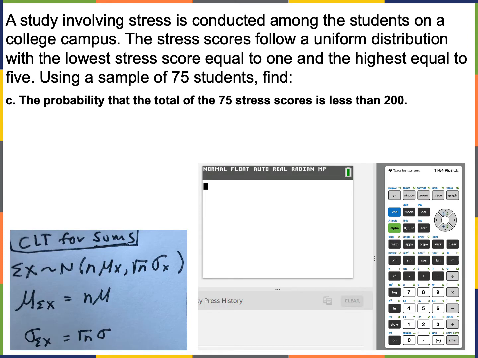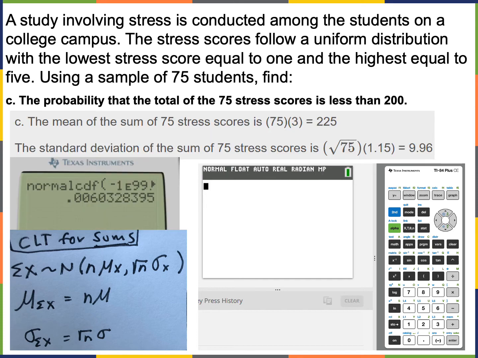Okay, so what if we wanted to find the probability, same situation, but now it's the probability that the total of the 75 stress scores is less than 200. So basically we need to use the central limit theorem for sums because they're asking for the total, okay? We're finding the probability that the total of 75 stress scores is less than 200.